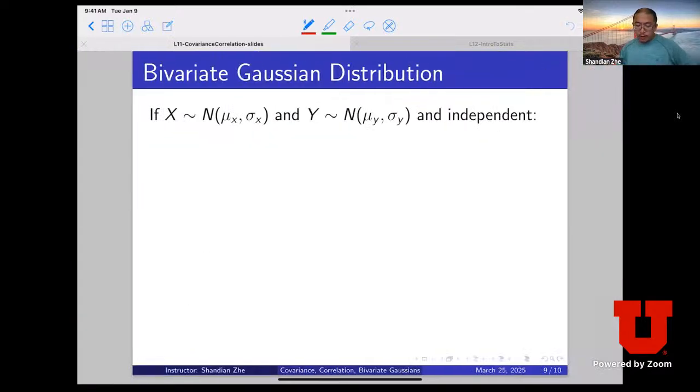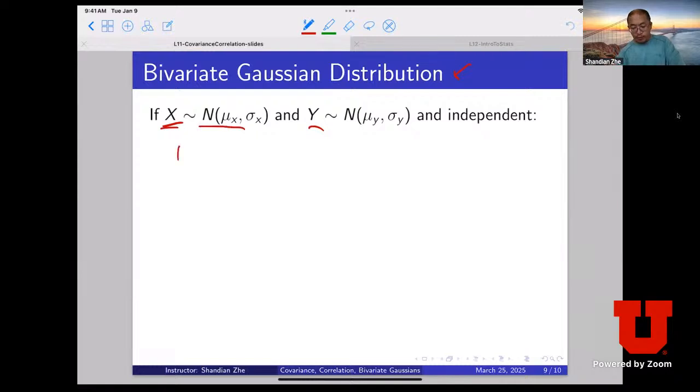The correlation is not only used in practice to compare different pairs of random variables. It is also used to construct the so-called bivariate Gaussian distribution. We have introduced the Gaussian distribution for a single random variable. We say a random variable x has a PDF of a particular form.